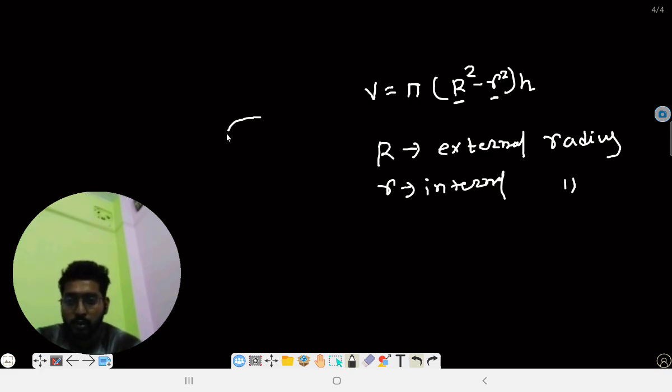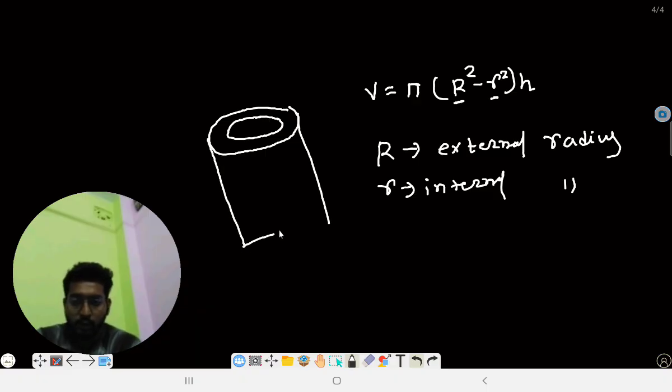So suppose this is my cylinder, so the cylinder looks like this. For this type of case only you have to use this formula. Suppose if I join this one, here also I'm joining this one.